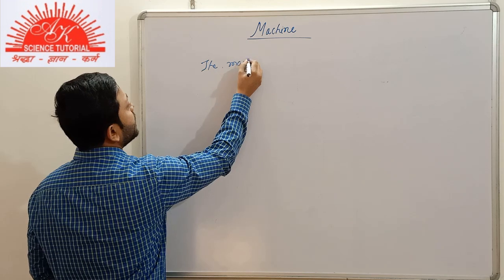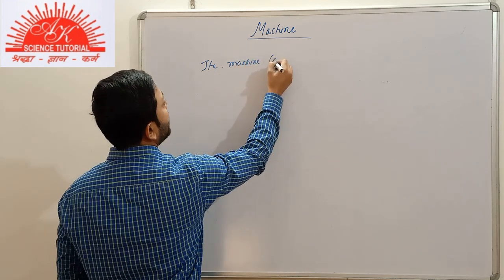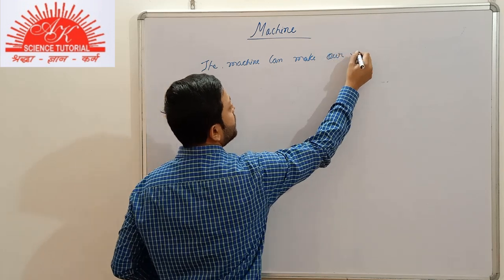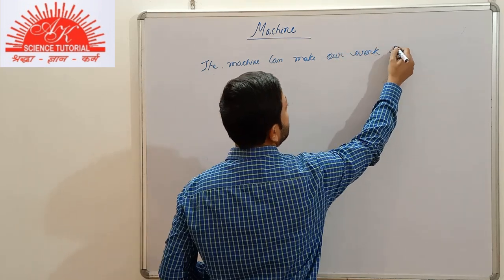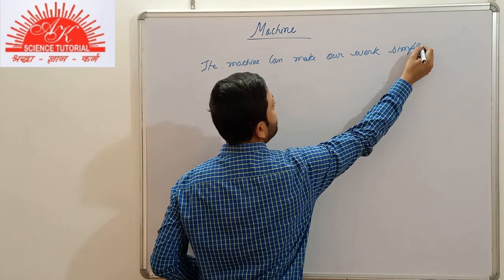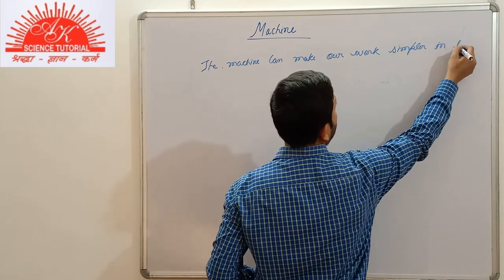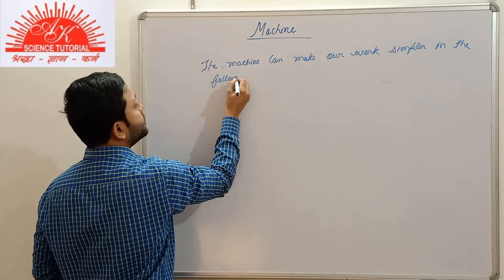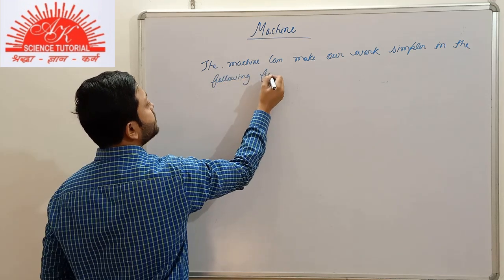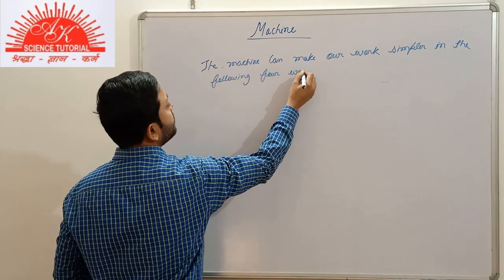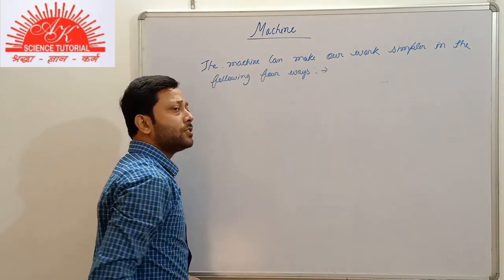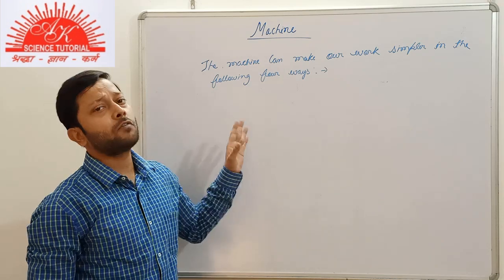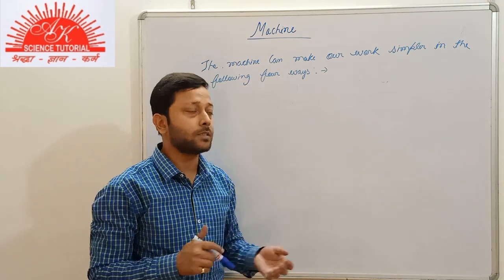The machine can make our work simpler in the following four ways. Any of the simple machines can make our work simpler in one of the four ways that we are about to discuss.